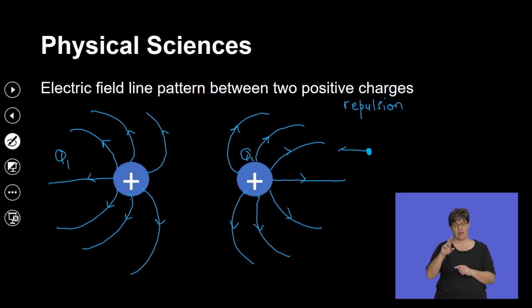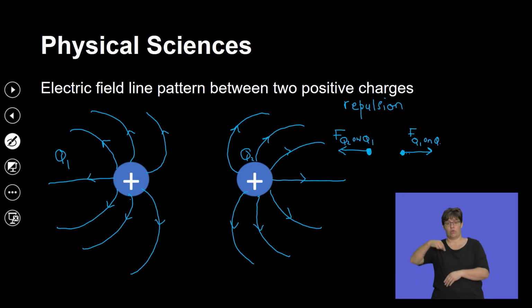So this is the force on Q1 by Q2, and equally, this is the force by Q1 on Q2. So this is the force by Q2 on Q1, right? And then this is the force by Q1 on Q2, right?